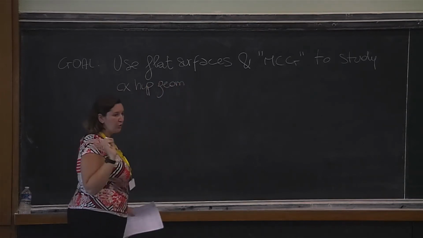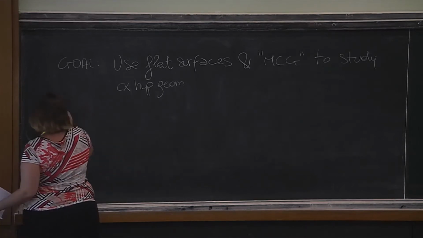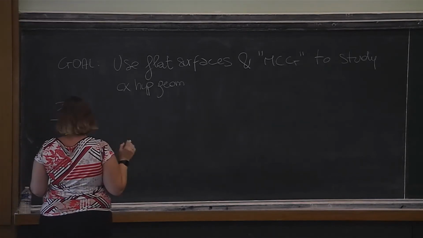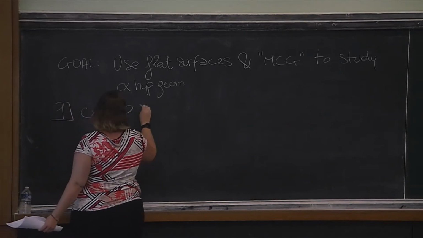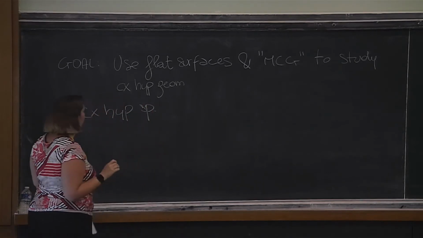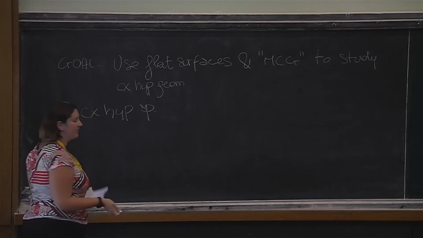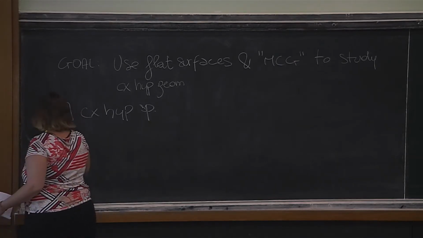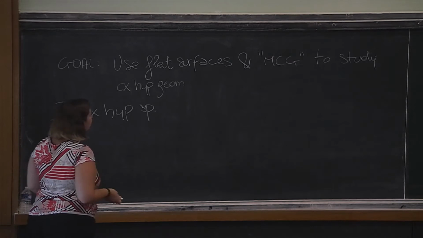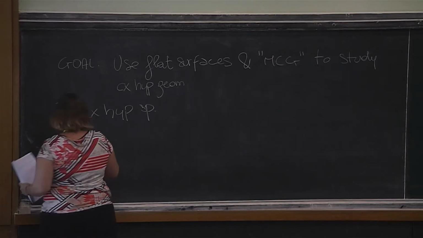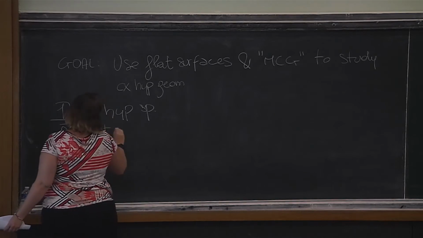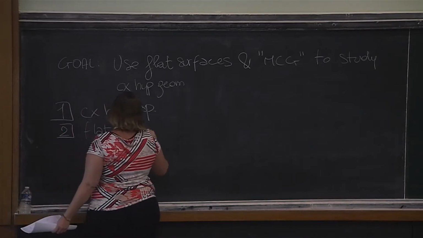So the plan of my talk will be starting with talking a little bit about complex hyperbolic space. Very briefly, just the things we will need. Then I will tell you why we need flat surfaces, what is the connection. So that are also in the title, the flat cone matrix and a sphere.